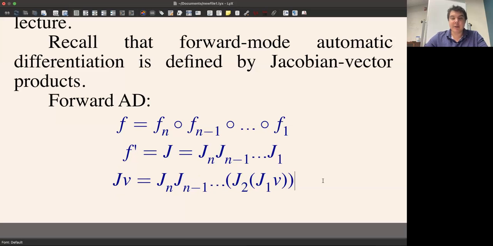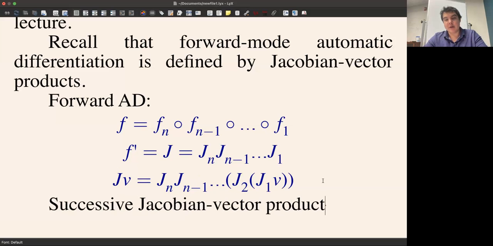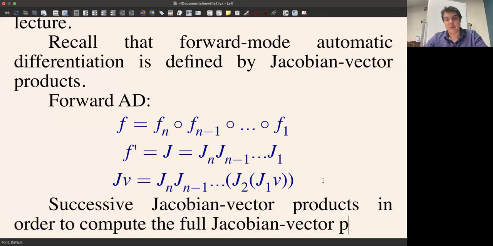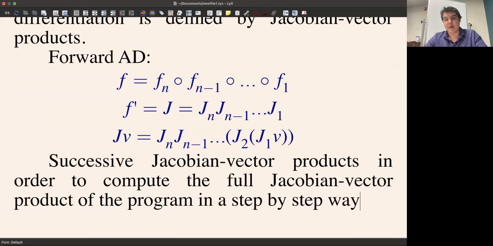And so it's successive Jacobian vector products in order to compute the full Jacobian vector product of the program in a step-by-step way, right? Which I presume is what was described in the previous lecture, right?